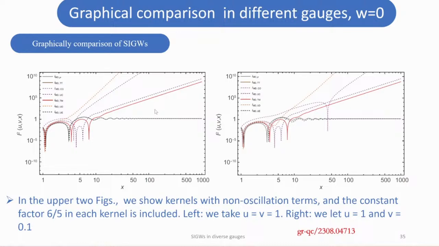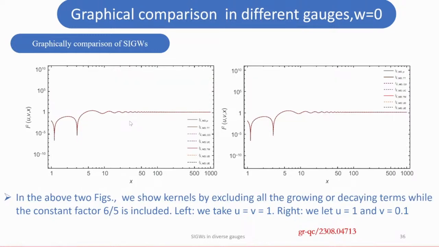You can see some are a kind of simple curve, some are a straight curve. You can see these curves show different behavior in the matter domination case. We have to sort out this problem for different gauges.